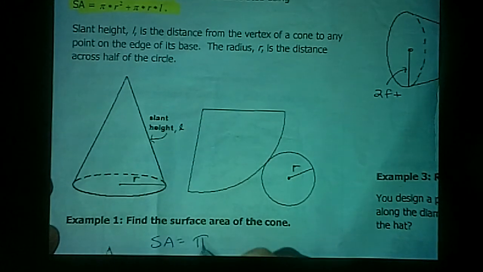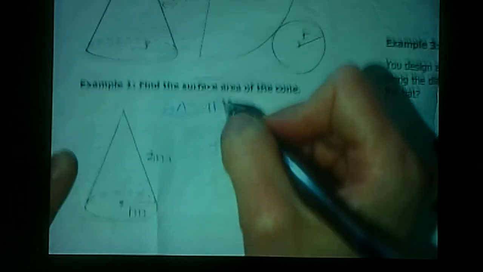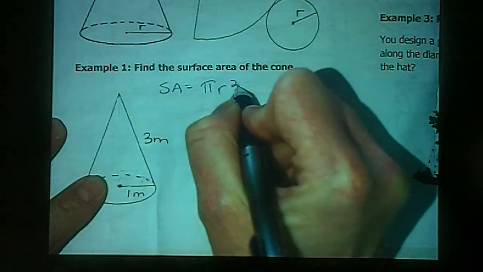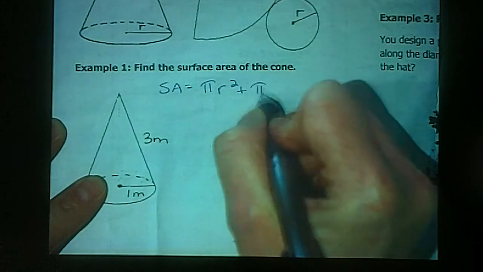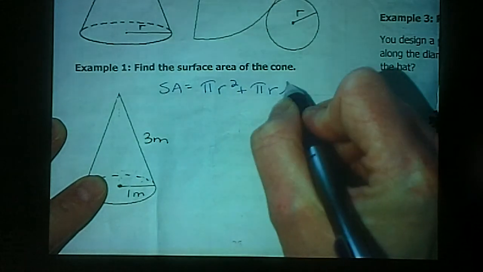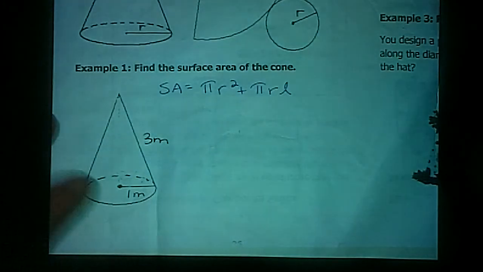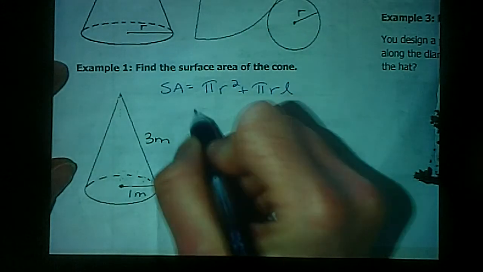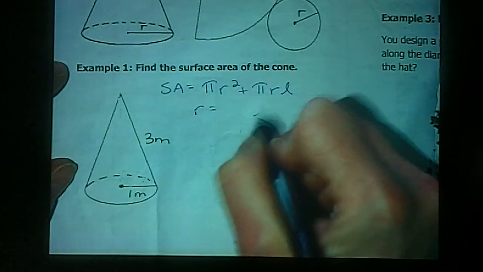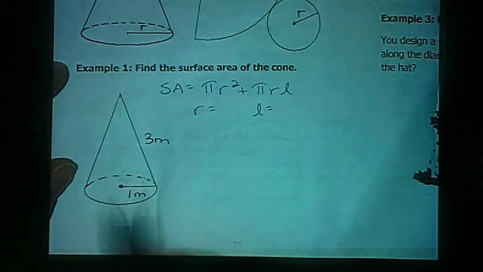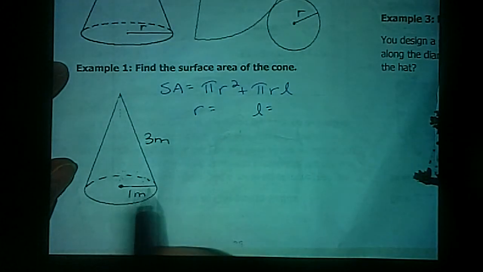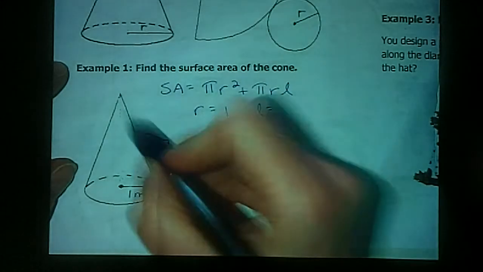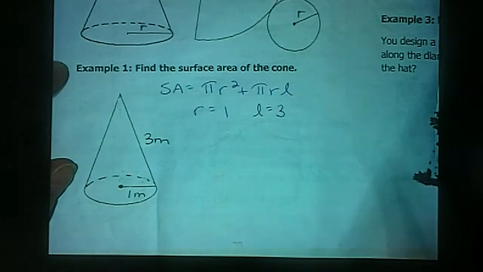It is pi times the radius squared plus pi times the radius times the slant height, or we'll call it L. So just like before, let's identify what our radius is, and what the slant height is. So in looking at this, we see here's a circle, halfway across is 1, and the slant height is 3.